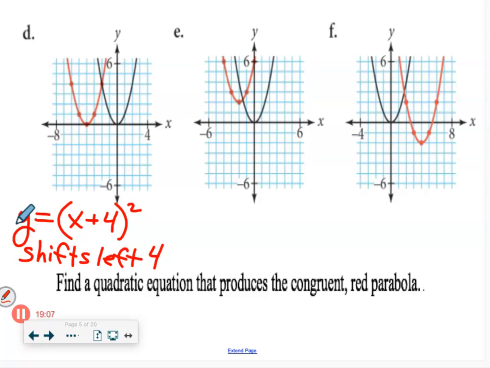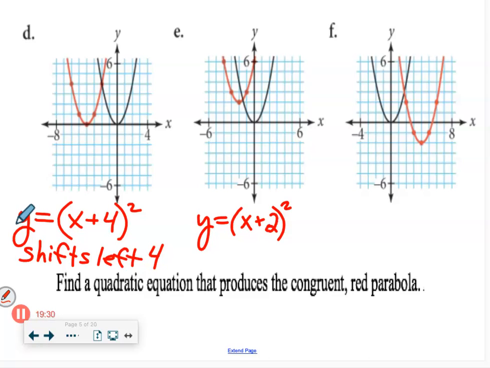So anyway, all right, shifts left 4. This one, we're going to shift left 2 and up 2. So for the left 2, what do I put in here to get a plus 2? It shifts to the left.